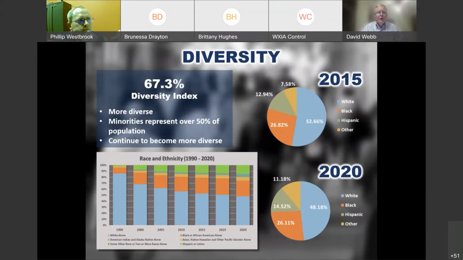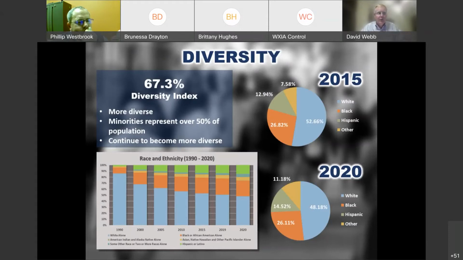This one will surprise a lot of people. Cobb County is now a majority minority community, and the Caucasian population is no longer the majority of the county's population. And this is something that's been happening for quite a while.